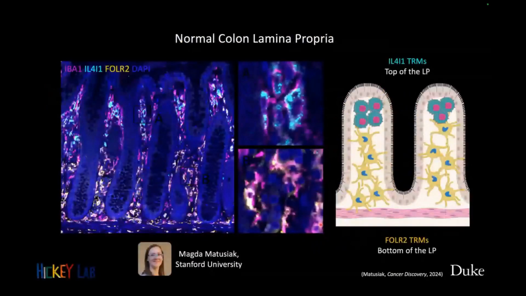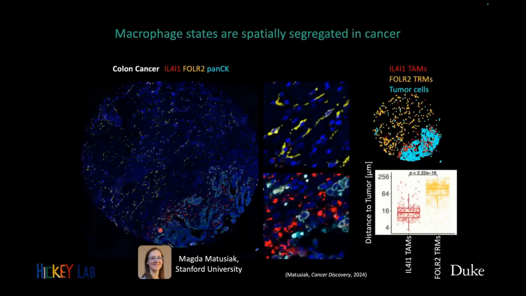And what she was seeing also matched what we were seeing, where there were specific subtypes in the intestine towards the top of the crypt versus the bottom. And she also found them separated in colon cancer, in where they were within the colon cancer.